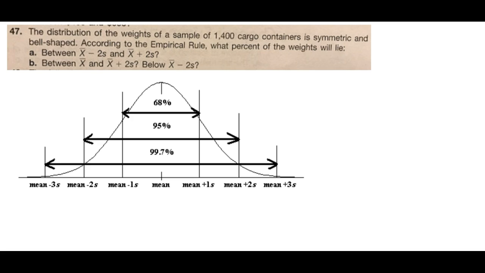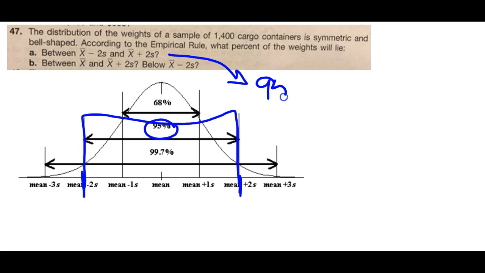We'll do it with blue. So here's the mean minus and plus. So if we go here, 95%. So the answer to A is 95% of the weights will lie between plus or minus 2 standard deviations.